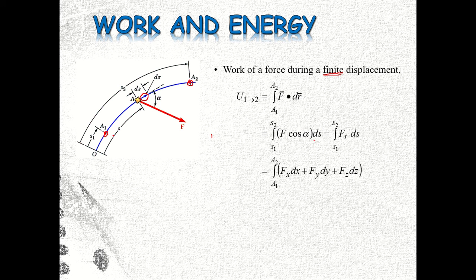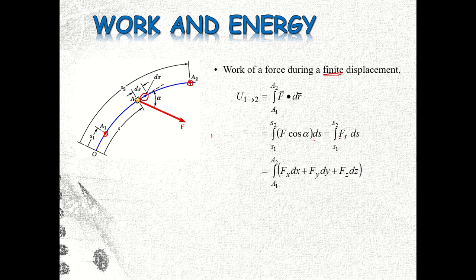Our limit this time is s1, the displacement from point O to A1, and s2 from point O to A2. These are our lower limit and upper limit. Therefore this is equal to the integral of F sub t times ds.